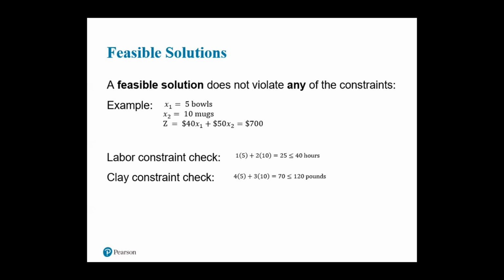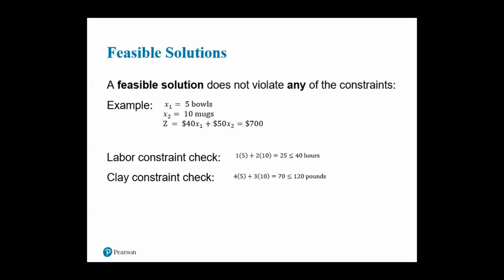In other words, a feasible solution will be values of x1 and x2 that will plug into this constraint function, and then the left-hand side will not be more than the right-hand side for any of the constraints. So we call it a feasible solution.